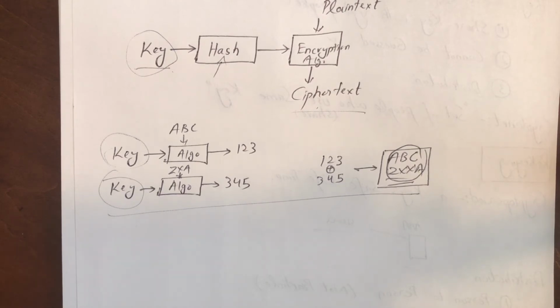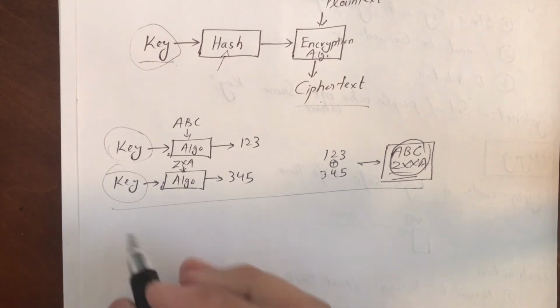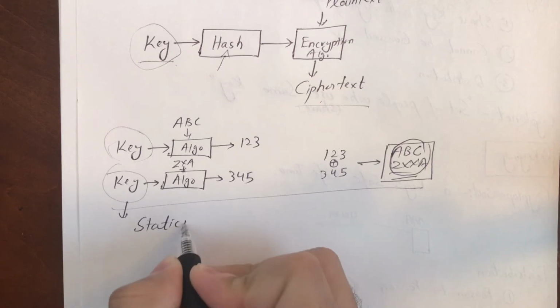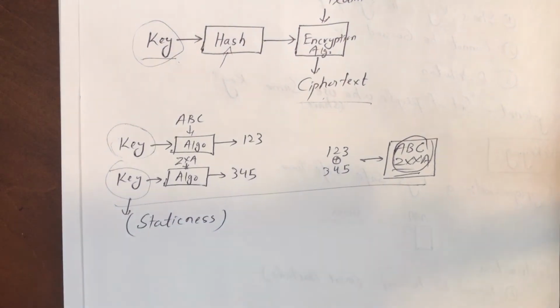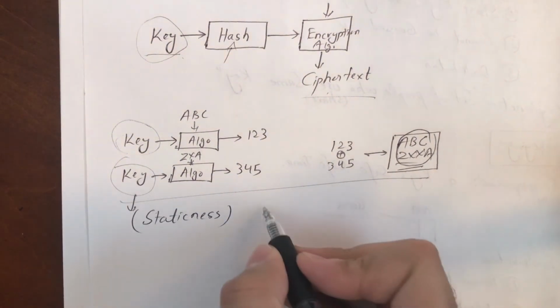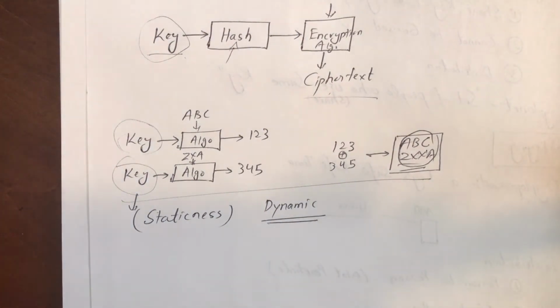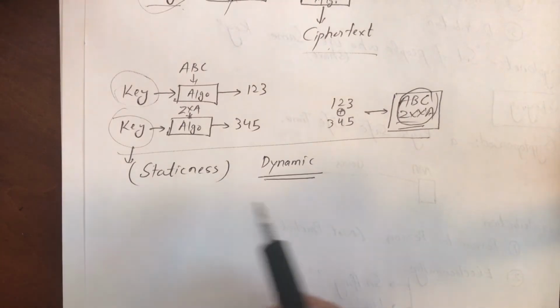So the question is how we can rekey, how we can avoid this staticness, how we can make these keys dynamic and fresh all the time. The solution is to avoid this static behavior.